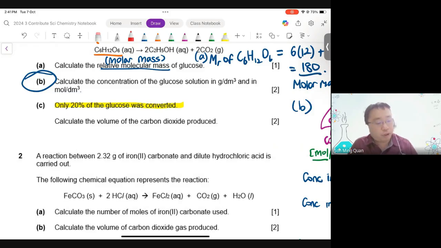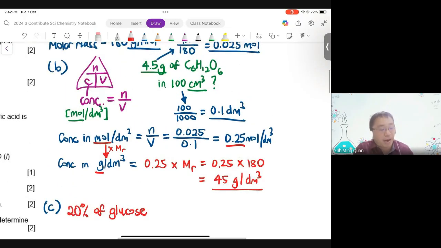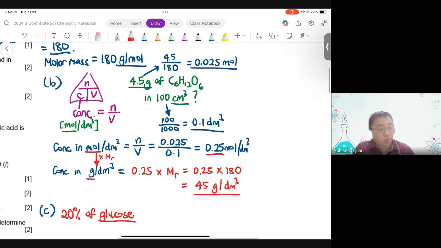How would you make use of the 20%? It's 20% of glucose, right? 20% of glucose. Let's copy that phrase down. Okay, 20% of glucose. In the previous part, you have already worked out that glucose was 0.025 mole.